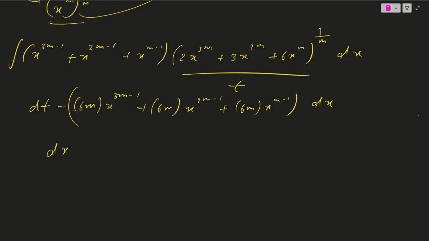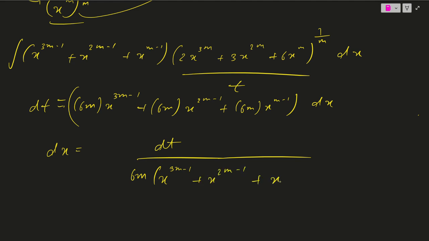Then we'll just find the value of dx, which is dt by, we'll take 6m common. After taking 6m common, we'll be left with x^(3m minus 1) plus x^(2m minus 1) plus x^(m minus 1).